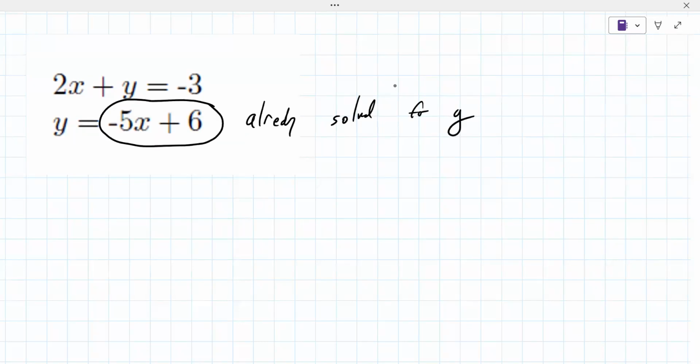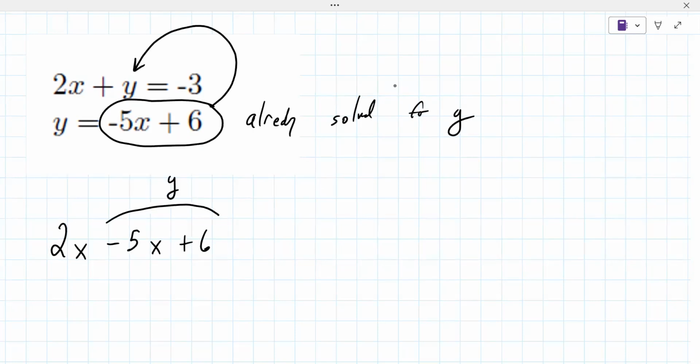That's key. You have to see that the equation is already solved for y. Do you see that? Now, what that means is that it's going in for y. So instead of y, you're going to put in minus 5x plus 6. So 2x minus 5x plus 6, that's really the y there, equals negative 3.